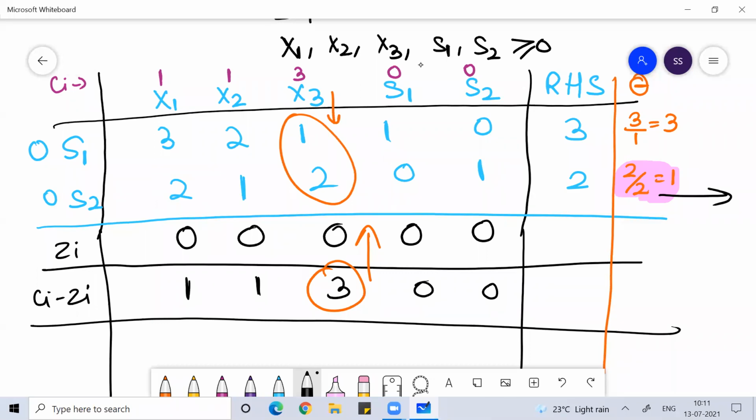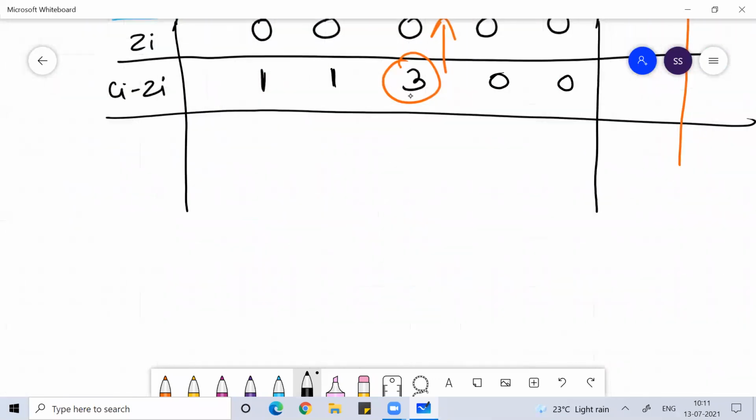Clear, everyone? That is what we need to understand and find.